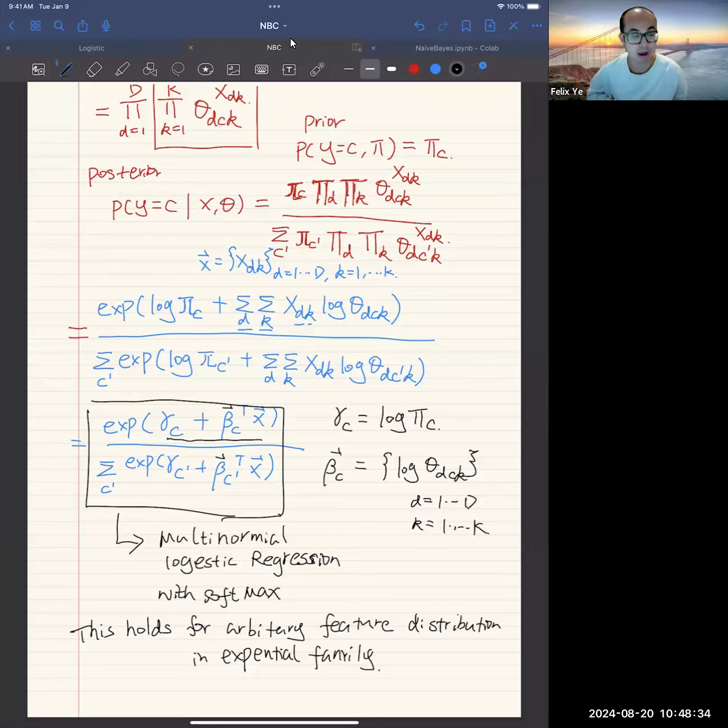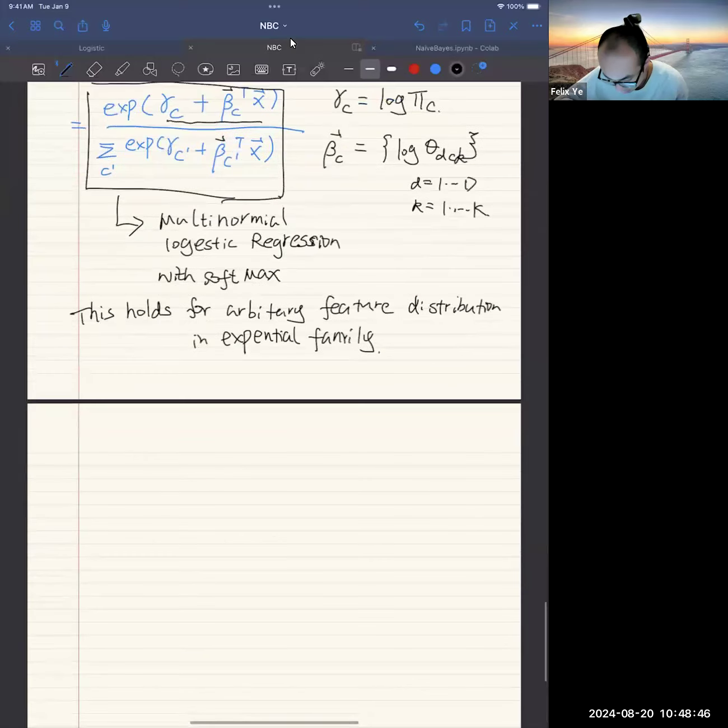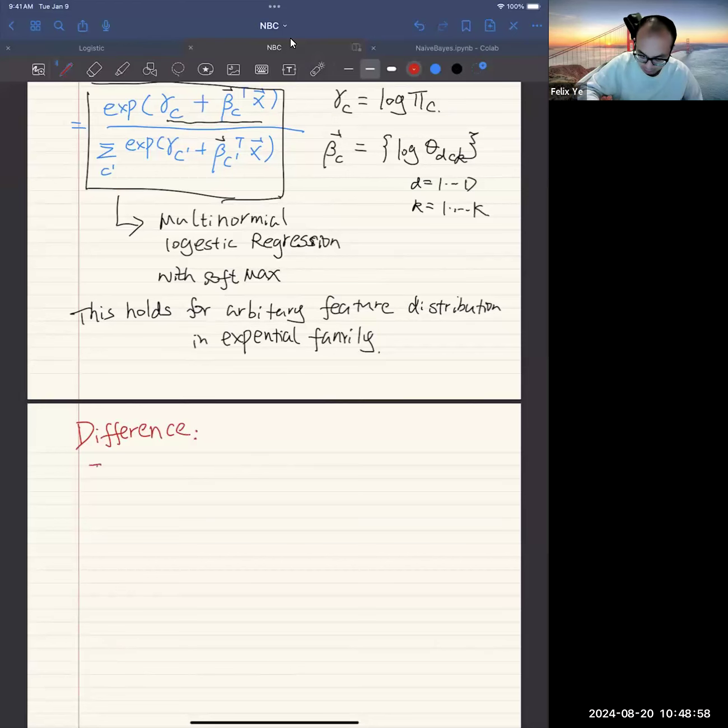Okay. So actually, this posterior distribution is precisely what we were already trying to work out, the logistic regressions with a softmax output. But the difference is in naive Bayes, we are trying to maximize the joint log likelihood.